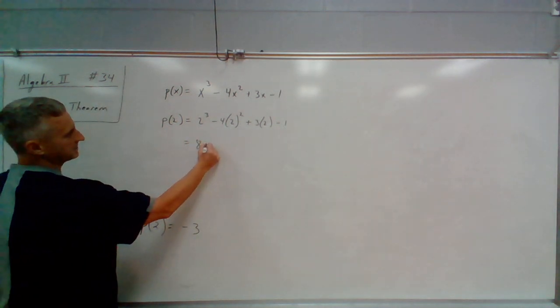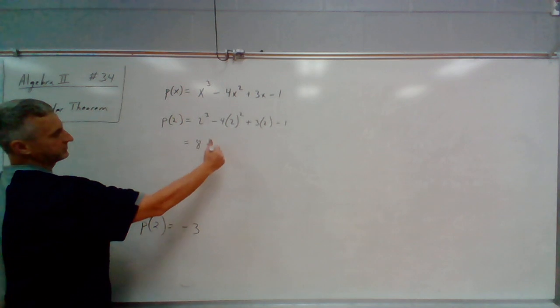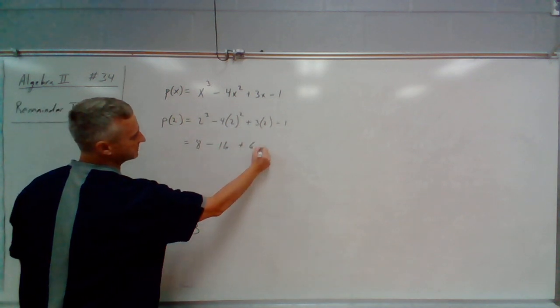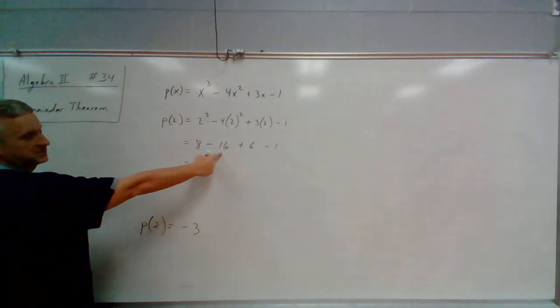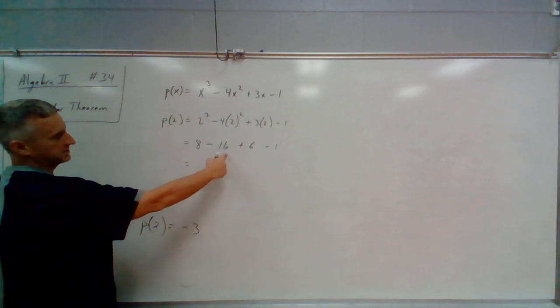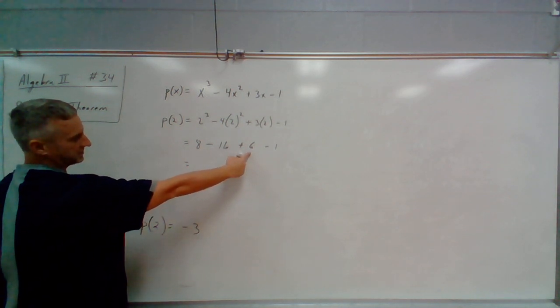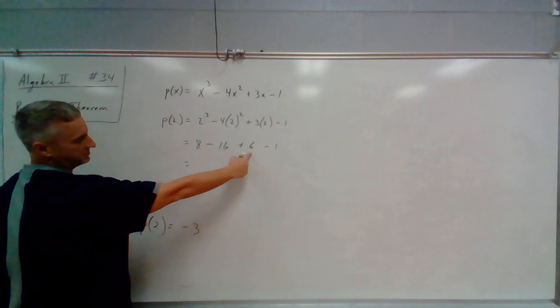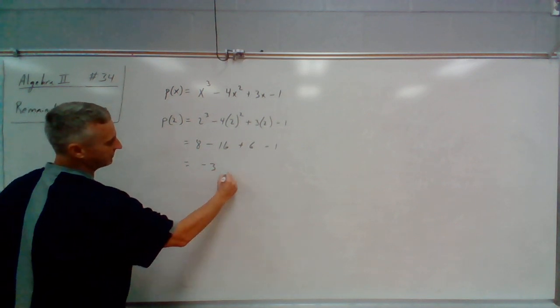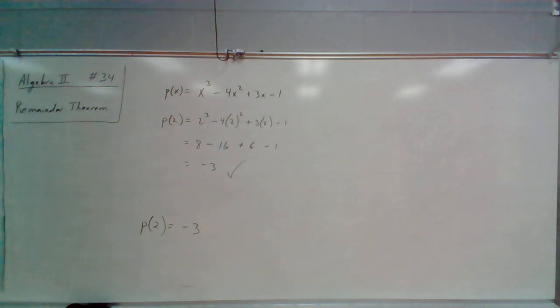And so that's 8 minus, it's 4 times 4, 8 minus 16, plus 6 minus 1. 8 minus 16 is negative 8, plus 6 is negative 2, minus 1 is negative 3. And you see that we get negative 3 doing it that way.